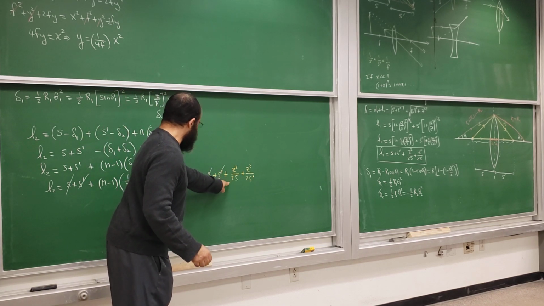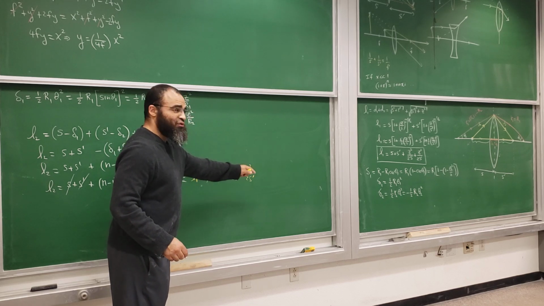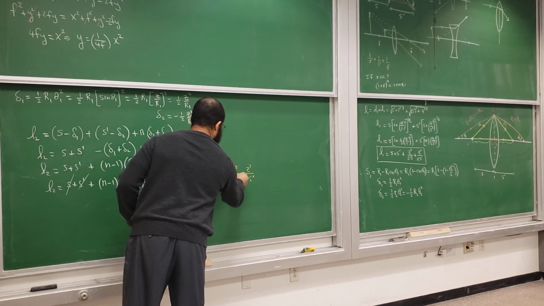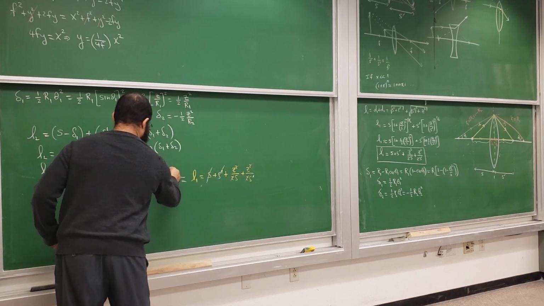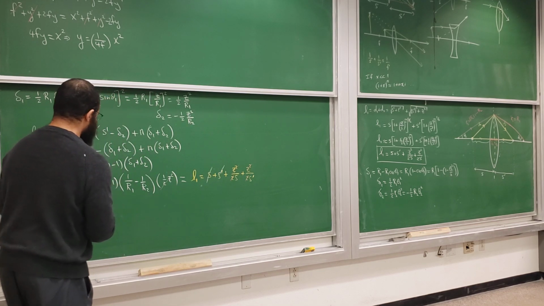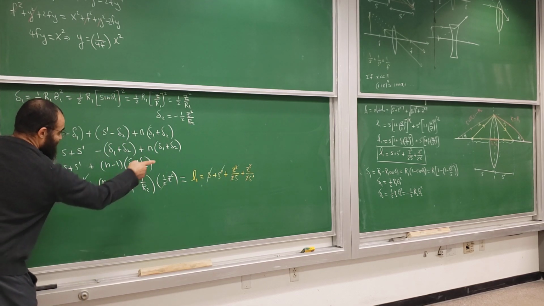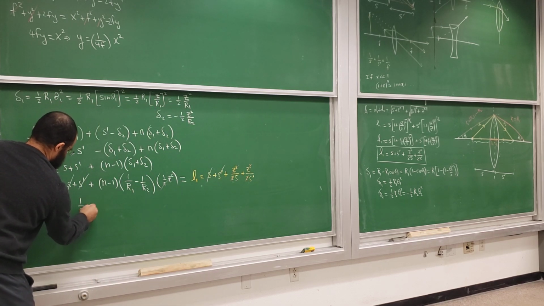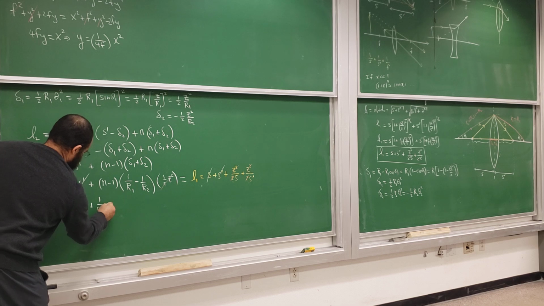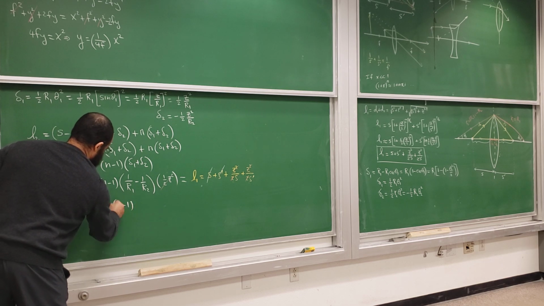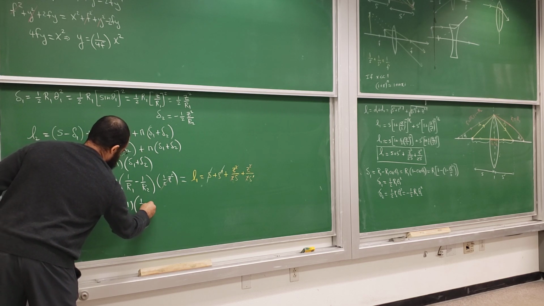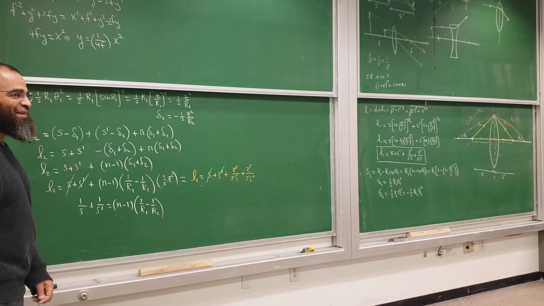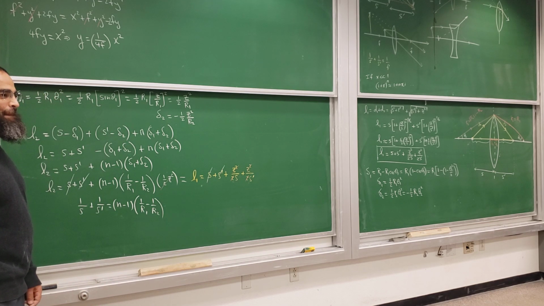And then I have z squared over 2 on both of them, so I can also cancel that. Let's see what's left. You get 1 over s plus 1 over s prime is equal to n minus 1 times 1 over r1 minus 1 over r2. That's the Lensmaker's equation.